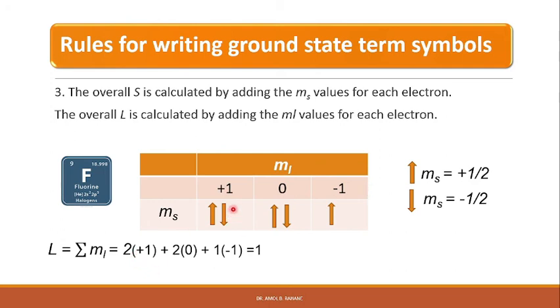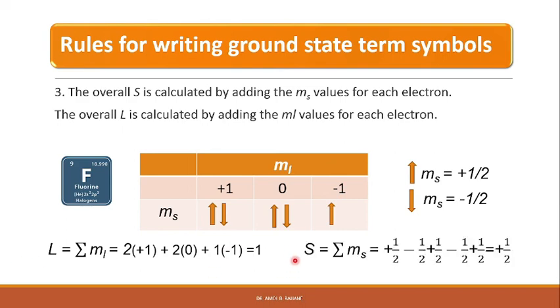We have 2 electrons in LZ is equal to +1, so 2 into +1, plus, again we have 2 electrons here, so 2 into 0, plus here we have 1 electron, so it is 1 into -1, right? So the total value of L we get as L is equal to 1.